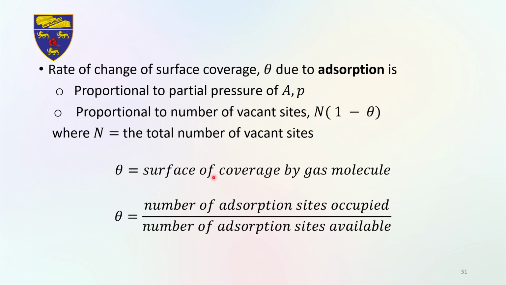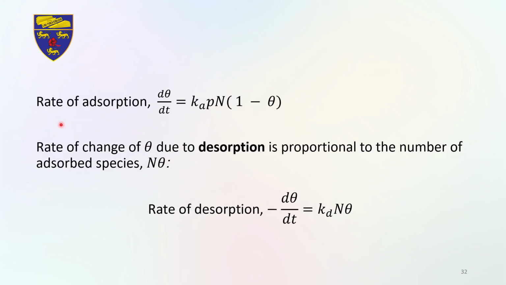Theta is the surface coverage by the gas molecule, and it can be quantified from the ratio of the number of adsorption sites occupied to the number of adsorption sites available. So we can derive the rate of adsorption, d theta dt, which is equal to the rate constant of adsorption Ka multiplied by the pressure of the system multiplied by the total available sites for adsorption.